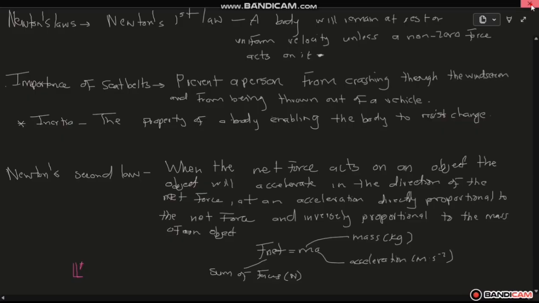Then there's something known as inertia, which is the property of a body enabling the body to resist change. For an example, I know that you always use cabs or transportation, cars. Whenever a car is turning to the left, you find yourself as if you are going to the right direction.